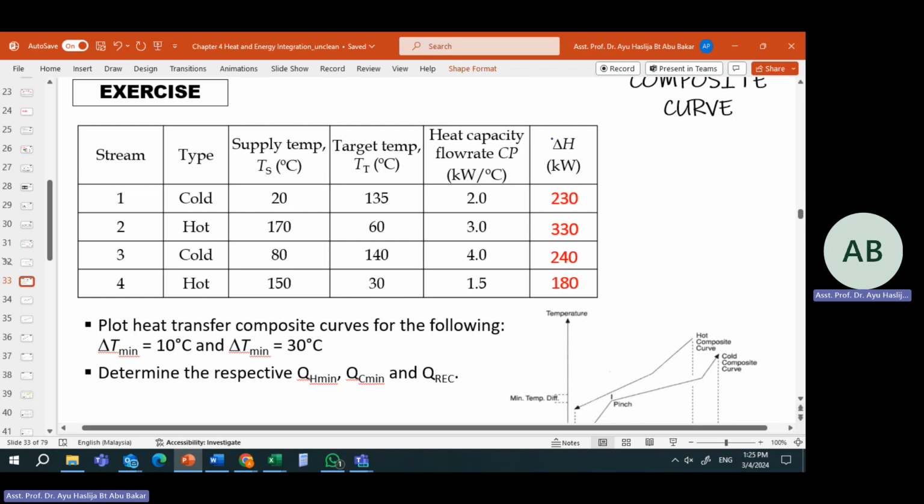Let's say delta H is not given. How do you want to find it?